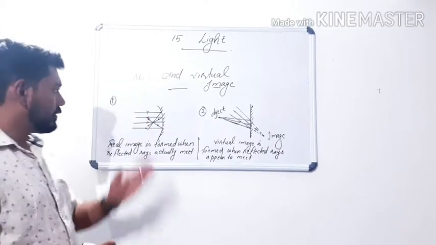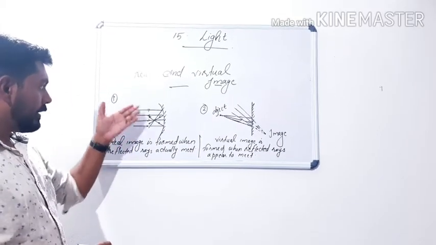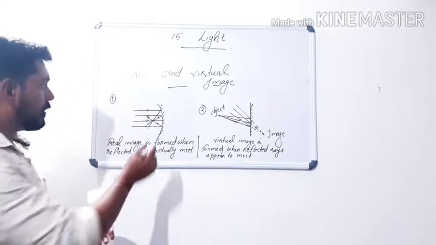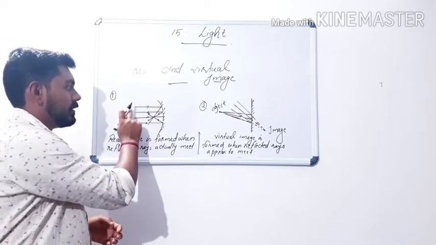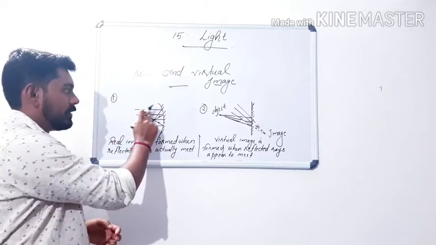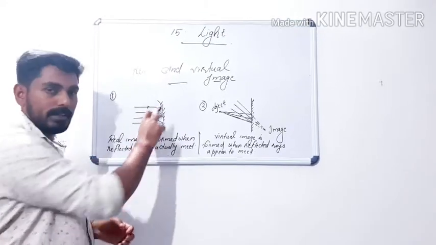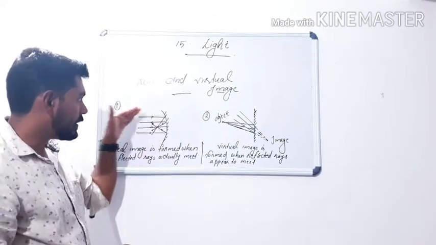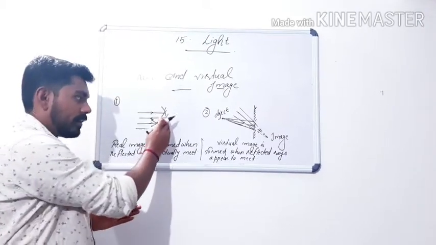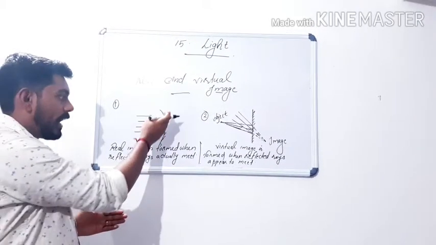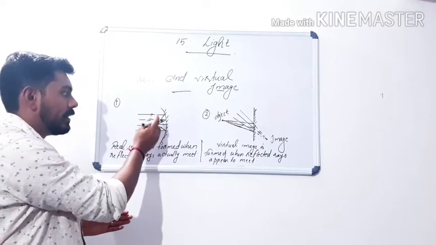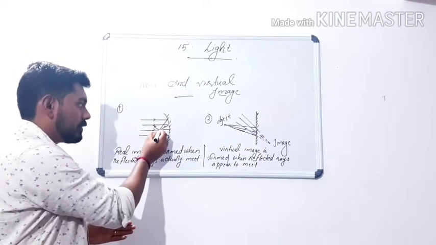Here you can see in the first case, the arrows indicate the incident rays. All the incident rays strike the shiny surface, are reflected back, and meet at a point.